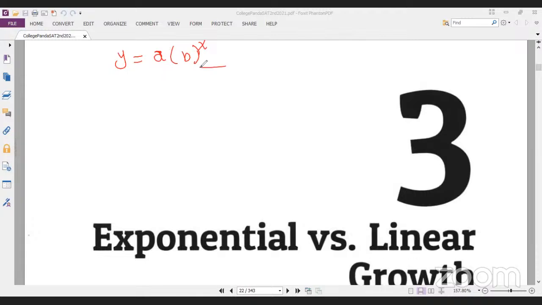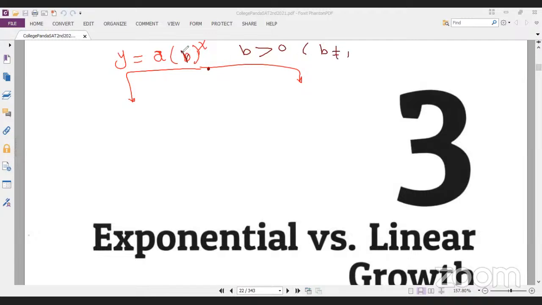All we need to know about two cases. Also, before we start to differentiate between the two cases, increase, decrease, growth or decay, we have to know a is a real number. Whatever is the value of a, negative, positive, root, integer, not important in the graph, but it's a real number. b should be positive and not equal 1.